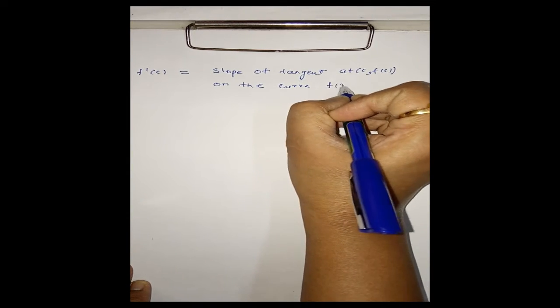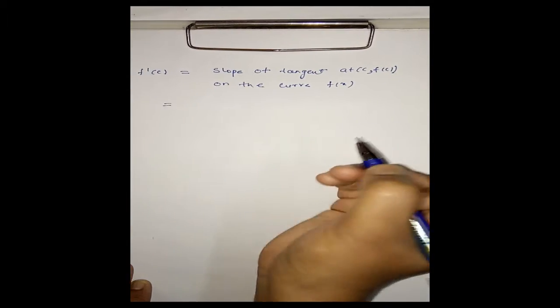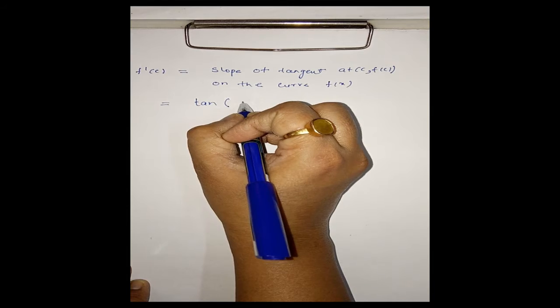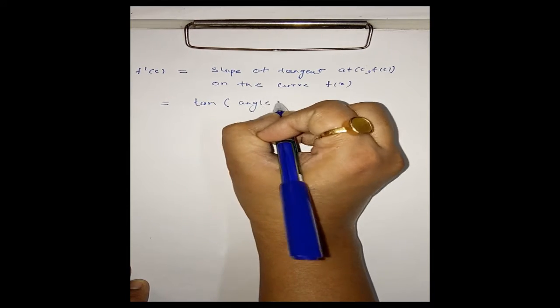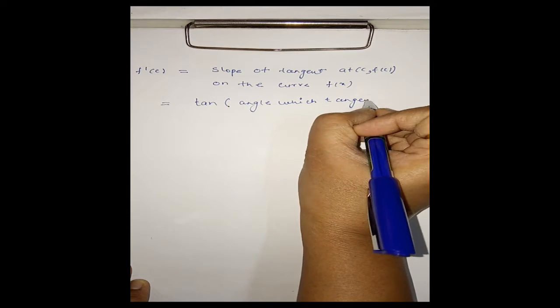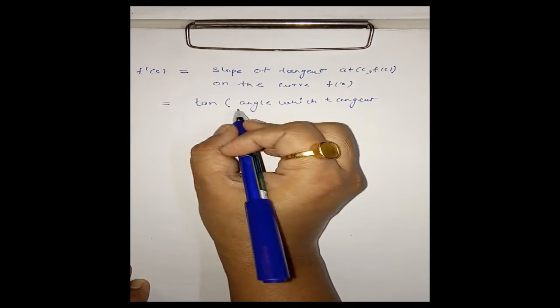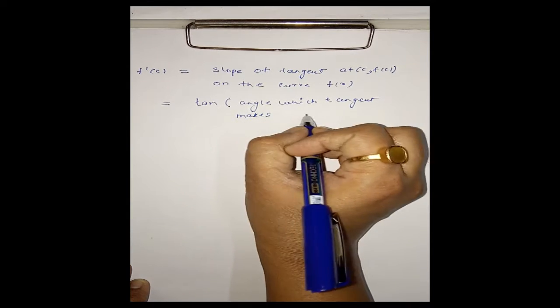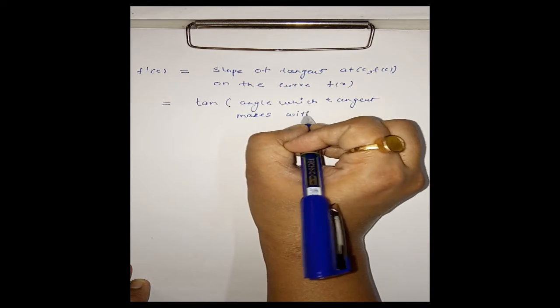f(x). And what is slope? Slope is tan of the angle which the tangent makes with the x-axis.